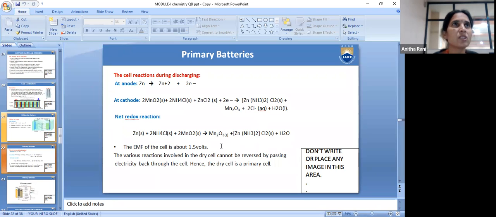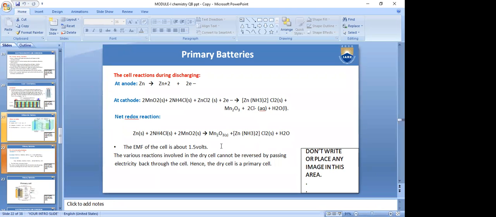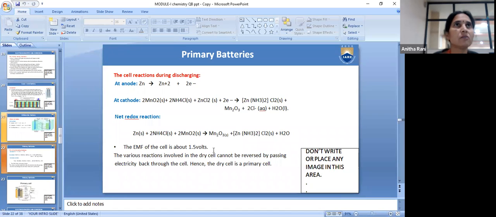So what is the EMF of the cell? 1.5 volts. Lead acid cell, 2 volts. Lead acid battery, 12 volts. Primary cell, this dry cell, 1.5. Can the dry cell be charged, can the reaction be reversed or not?